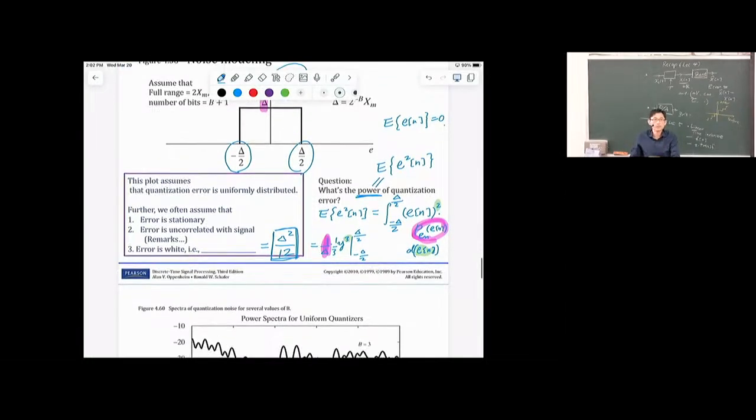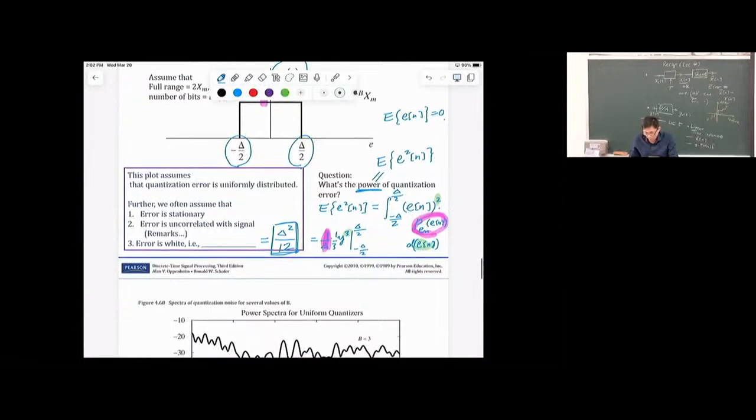So this is a cool little thing to know about. The noise power is proportional to the quantization step size. The larger it is, the higher noise power you will encounter. That's a nice follow-up to what we observed.